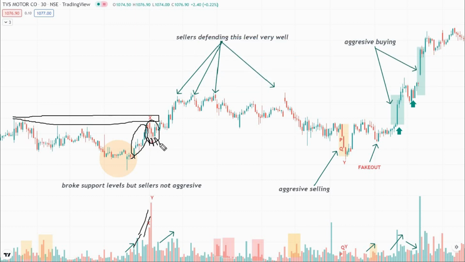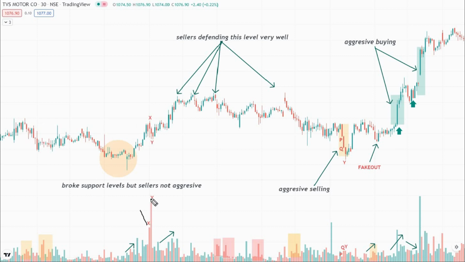So this is a very important indication that prices are trying to absorb the supply pressure at the resistance zone, and there is a very high probability that prices could now break these levels, trap the sellers and continue the upward momentum.